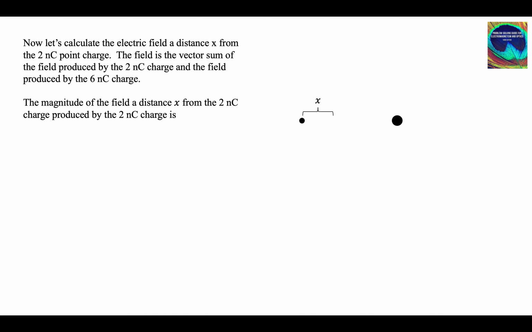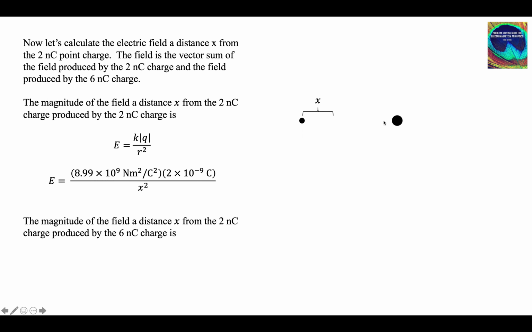The magnitude of the field at distance x from the 2 nanocoulomb charge is kq over r squared. The field produced at distance r away from a point charge q is kq over r squared, and we can plug in the numbers. There's the k, there's the 2 nanocoulombs, and it's x away. We don't know what x is yet. That's what we're solving for.